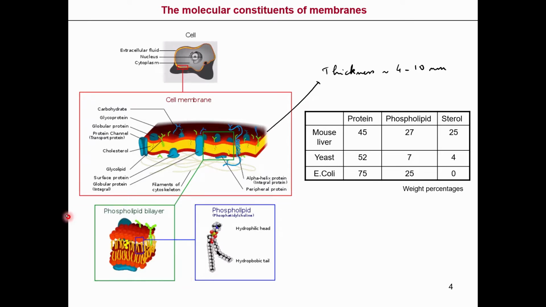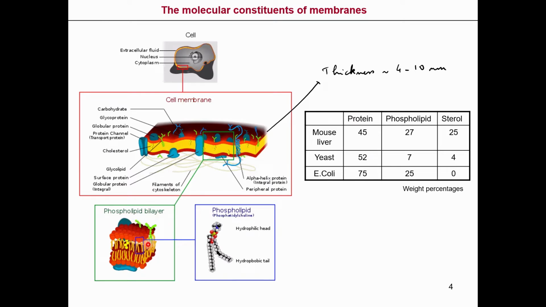So in this table you have the composition, the mass weight percentage, of the components of the membrane. You can see that protein and phospholipid are the main components of the membrane. The membrane is made by a phospholipid bilayer.